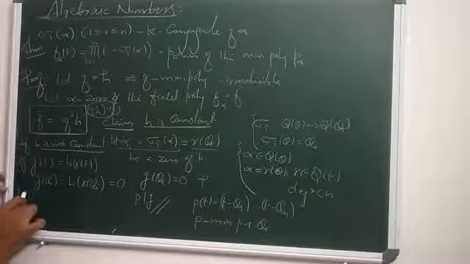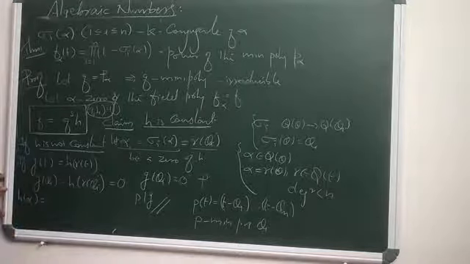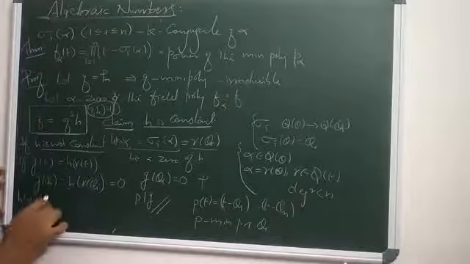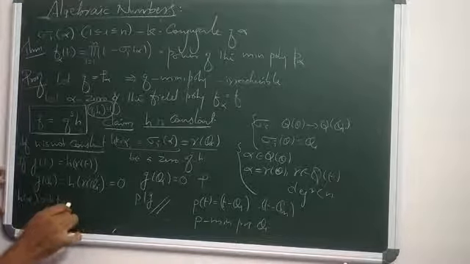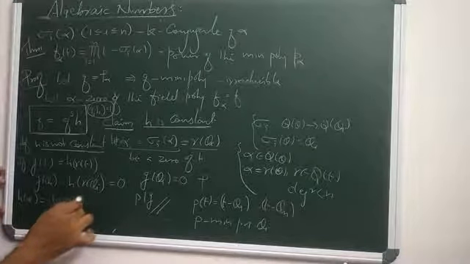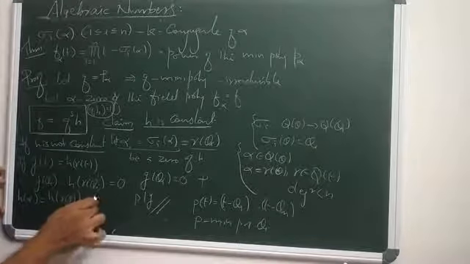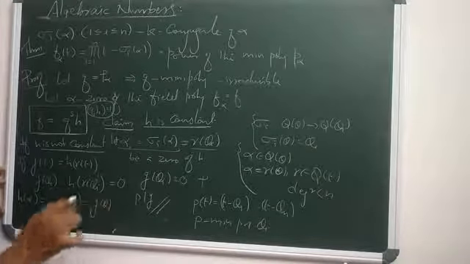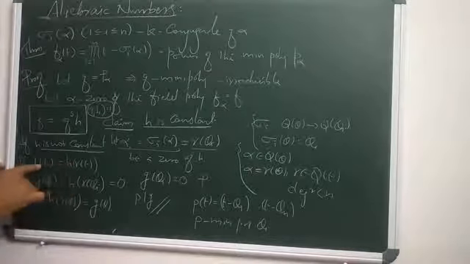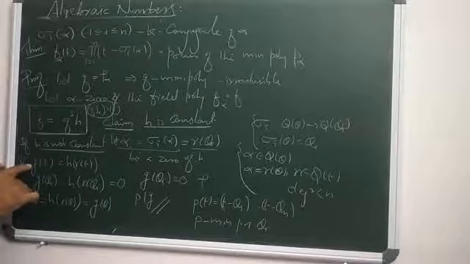Now what is h of alpha? What is alpha? R theta. So h of alpha equals h of r theta. What is h of r theta? H of r theta equals g of theta, since h of r t equals g of t by this assumption.